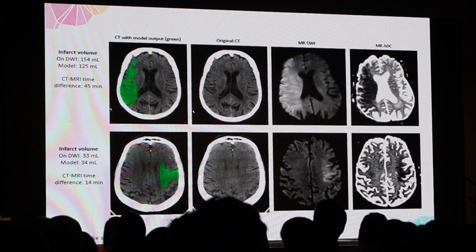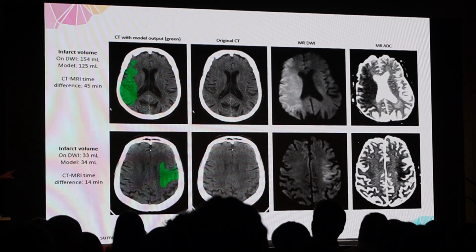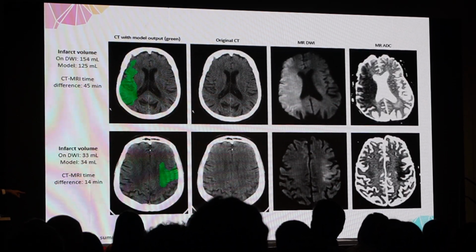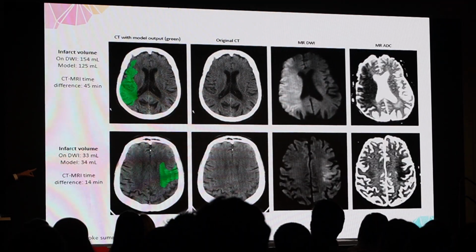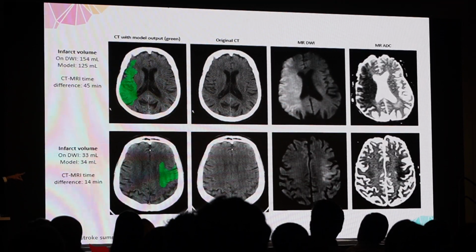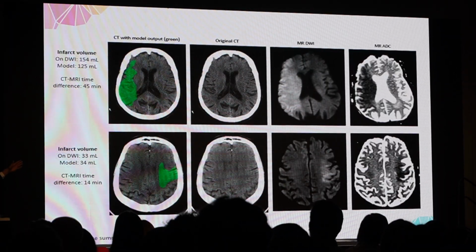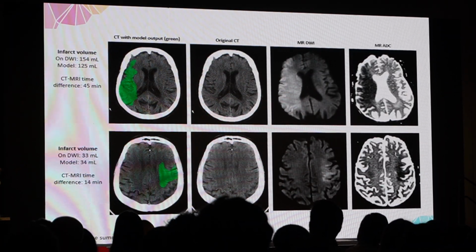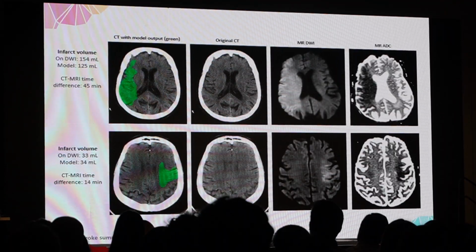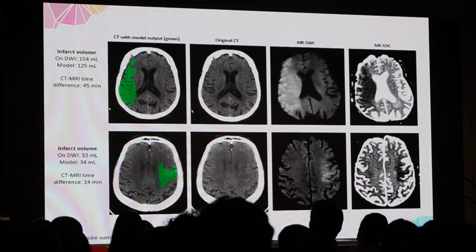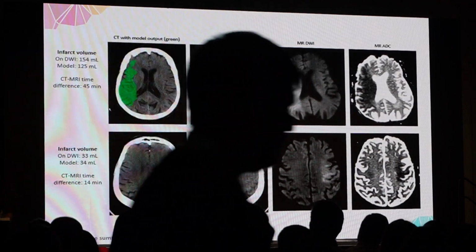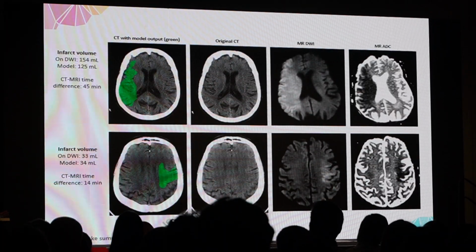But what we did is we trained an AI, and if you look at the original CT in the middle, and there's your answer, there's the diffusion. I dare any of you, I can't see it, I dare any of you to find the stroke on that CT.